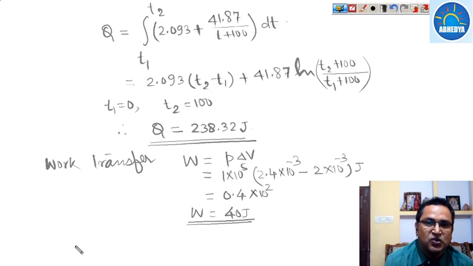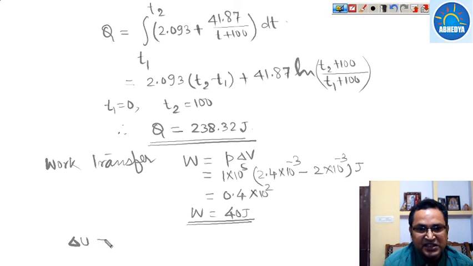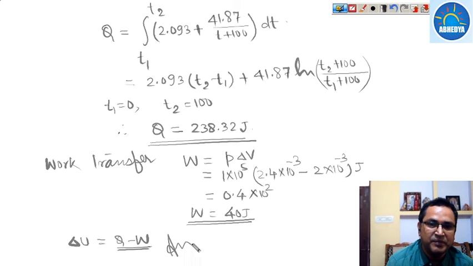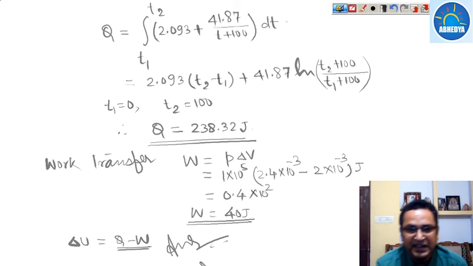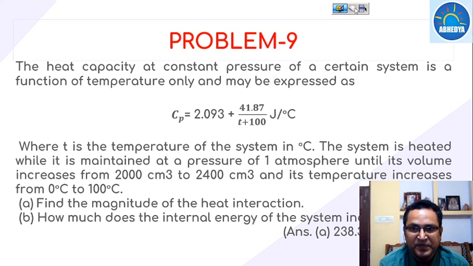So what is the change in internal energy? The change in internal energy is Q minus W. Put the values of Q and W and you will get the answer: how much the internal energy of the system will change when the variation of Cp is given. This comes to be 198.32 joule.